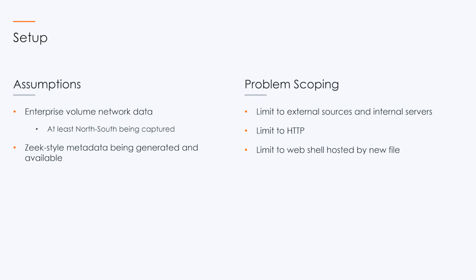If an attacker is in your network and using a web shell somewhere else, we're not covering that. If the attacker has installed their web shell on an SSL server, we're just looking at HTTP. And there are cases where an attacker can modify an existing web server file, and we're not covering that.